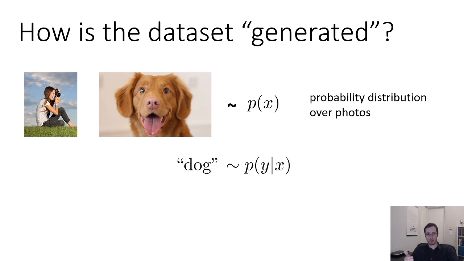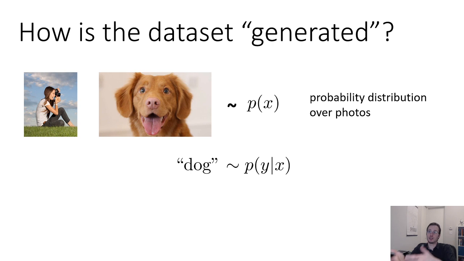And the label, dog, is sampled from some distribution over labels, but that distribution is not completely random. It actually depends on the photograph. Whether or not a photograph gets labeled as a dog or a cat depends on what the photograph is. Now, crucially here, P of y given x is not yet our model that we learn. For now, P of y given x is the true distribution that represents the real world.